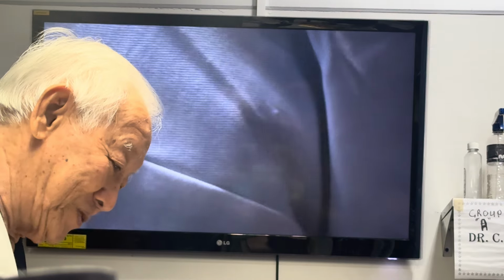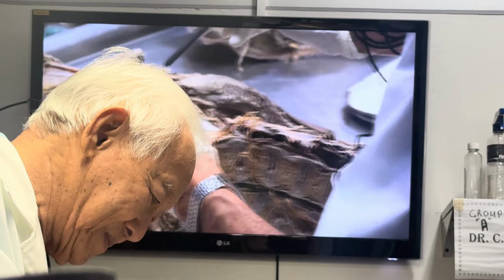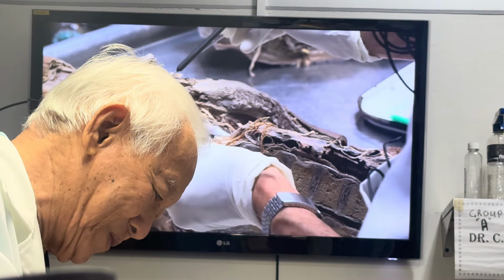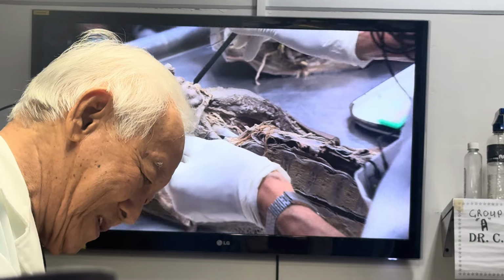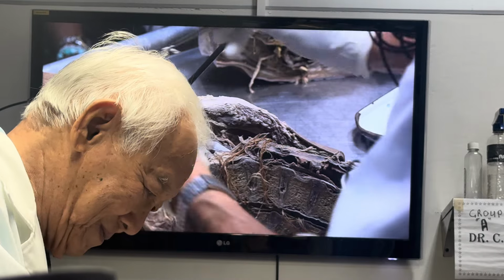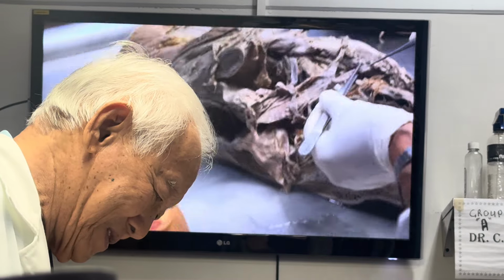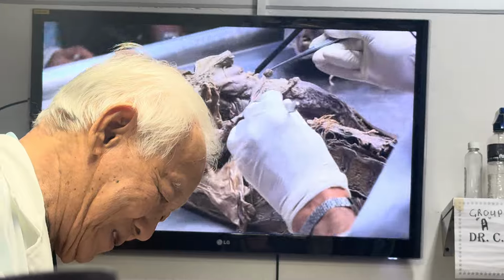Another important structure that helps to suspend the ovary in its position is the suspensory ligament of the ovary. And these specimens have been badly traumatized, so it is rather difficult.